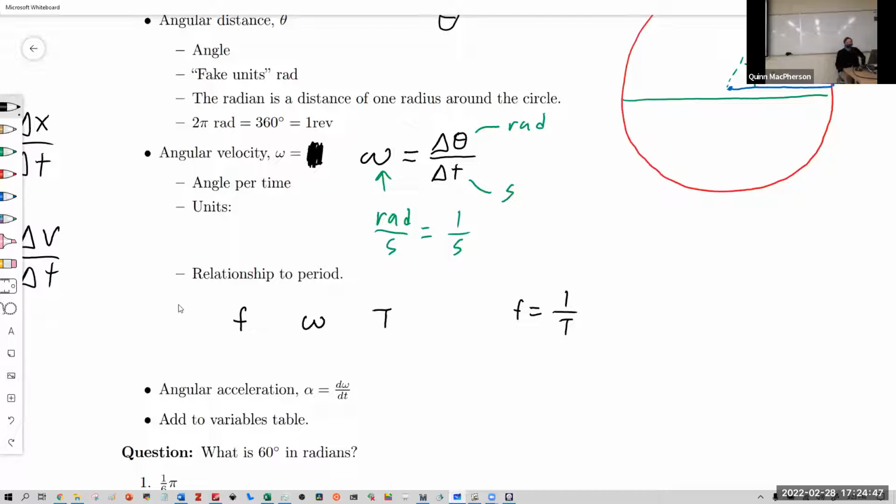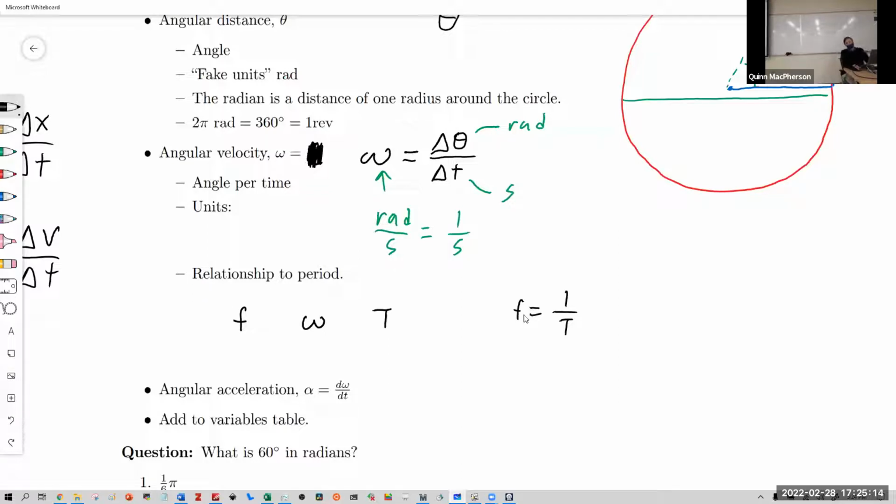Well, it goes around once every millisecond. You don't say that because that's a small number. Instead, people like big numbers. So instead of reporting the time it takes to go around, they report how many times it goes around every second, or actually they do it every minute. So instead of reporting the period, they report the frequency.